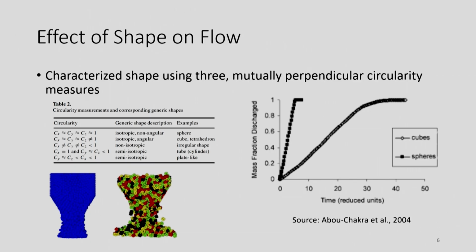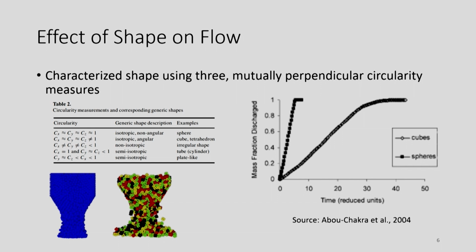On flow, if you compare cubes and spherical particles, I'm sorry, spherical particles will have better flow than cubes, right? With spheres there will not be any corners, so the chances of interlocking will be low.